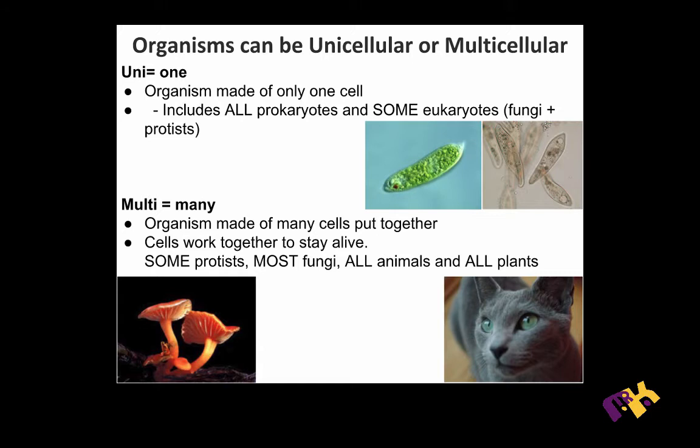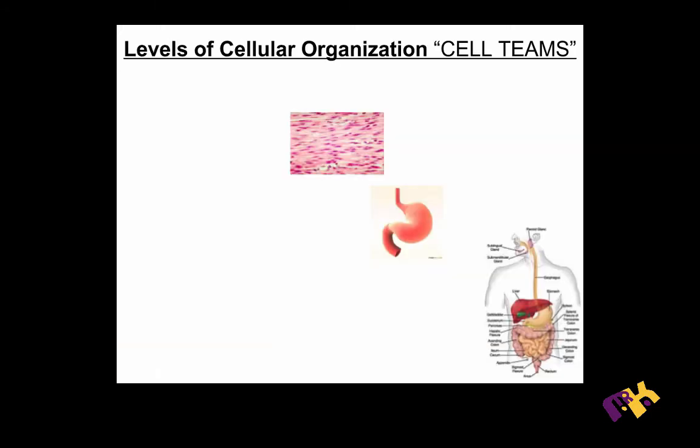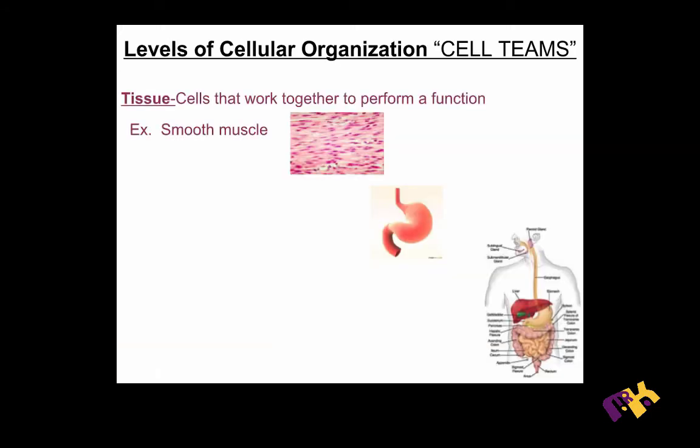And we've mentioned this before, but it bears repeating. If we have a bunch of cells that team up to serve a common purpose, then we form tissues with those cells that work together with a common function. The example we can go to would be smooth muscle tissue. A bunch of smooth muscle cells that work together, and the smooth muscle is more for very strong but sustained contraction and relaxation of that tissue.